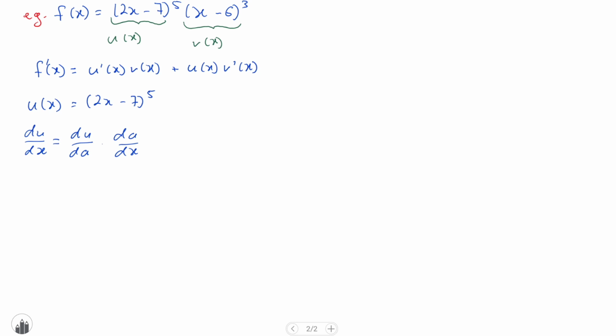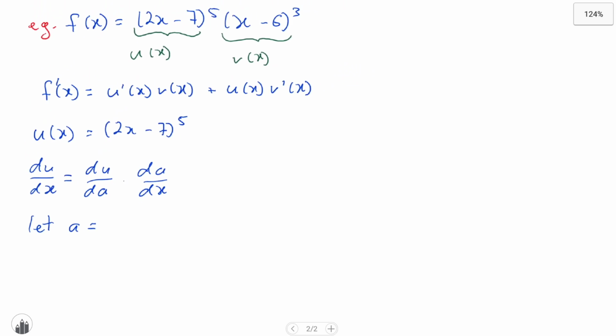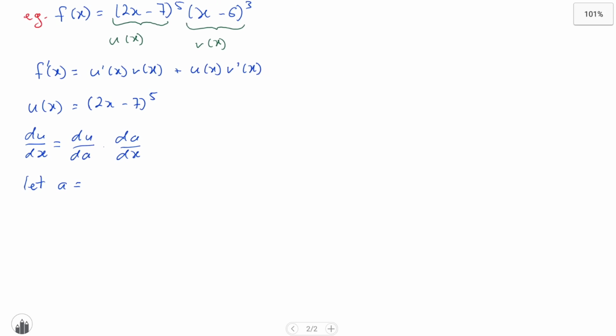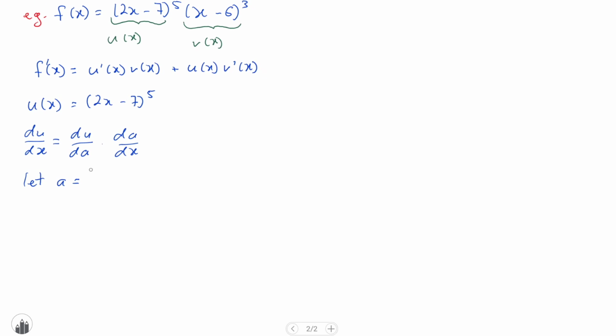And then we're going to let a equal the thing in brackets. Let a equal 2x minus 7. In that case, dA dx is going to be just 2.